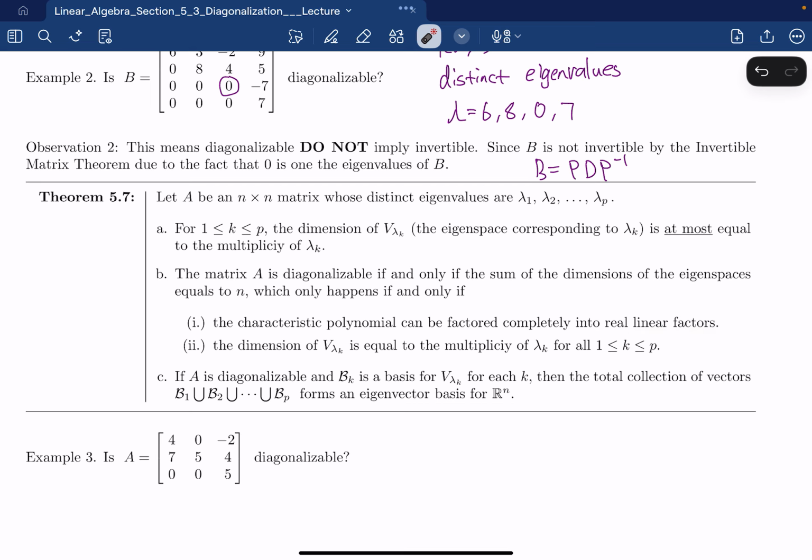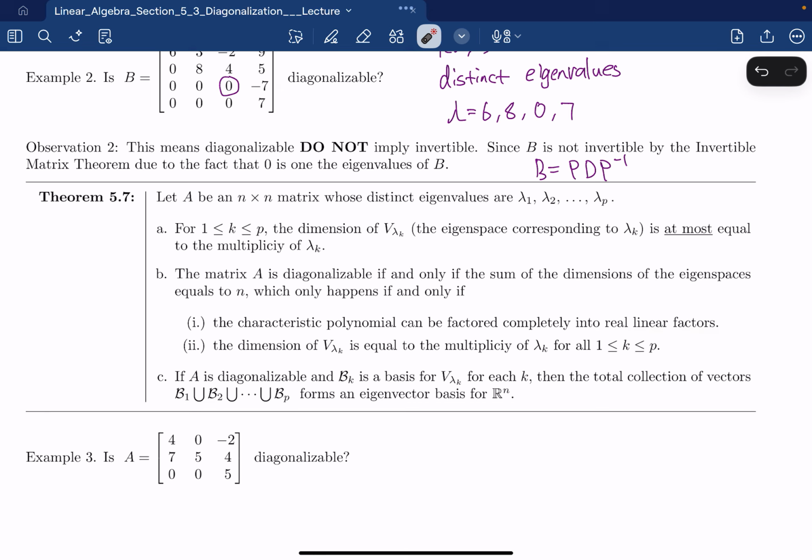That is by the fundamental theorem of algebra. But to be able to factor completely down to linear terms, that might not always happen. But the time it happens, it means I have enough eigenvalues with enough multiplicity to add up to the number of the columns of A.